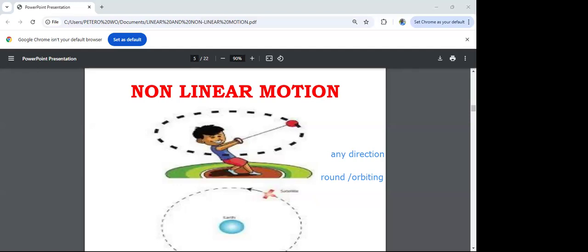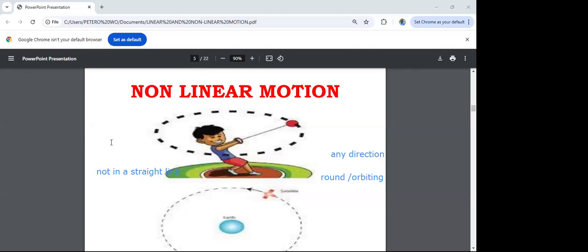Frida, you unmute and give us your answer. Yeah, I think that nonlinear motion is a state of motion where objects move to any direction, but not only in the straight line. So this is not in a straight line. Okay.